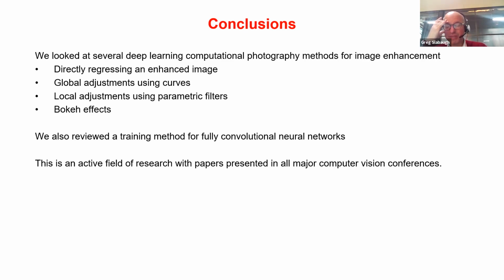But in all the major computer vision conferences, you'll see content in this area. And of course, with smartphone technologies evolving so fast, these days you can run these kinds of networks on the device, even for video, which is really impressive.